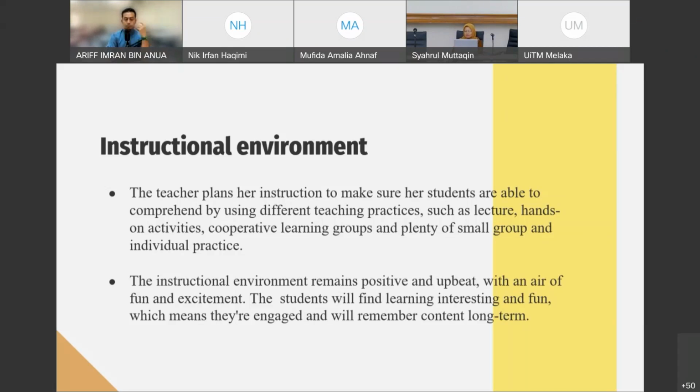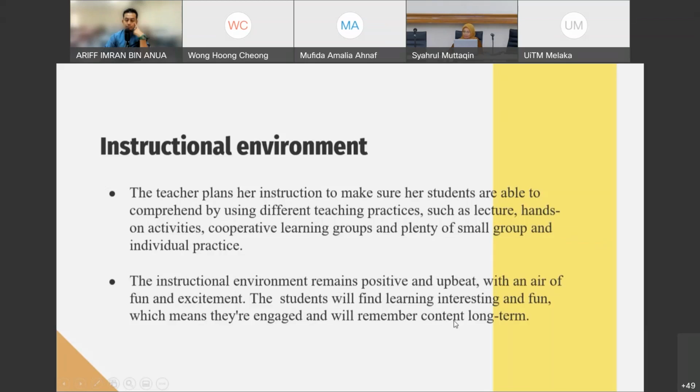We have lots of kinds of activities in active learning and also in engaging students to have fun activities while learning. And then the instructional environment remains positive and upbeat with the air of fun and excitement. The students will find learning interesting and fun, which means that they're engaged and will remember the content long term.